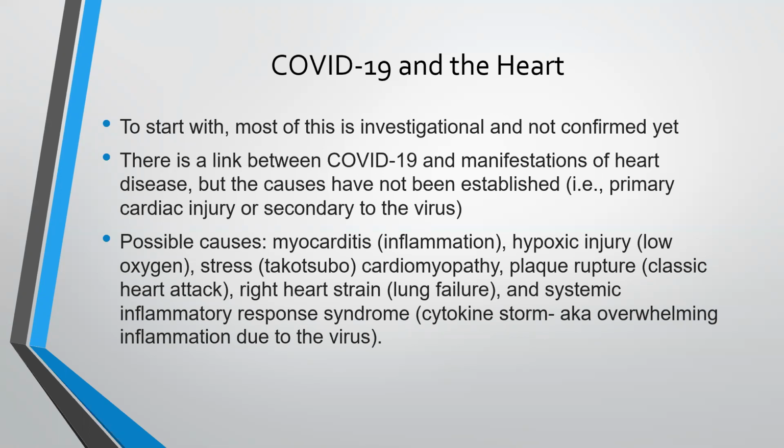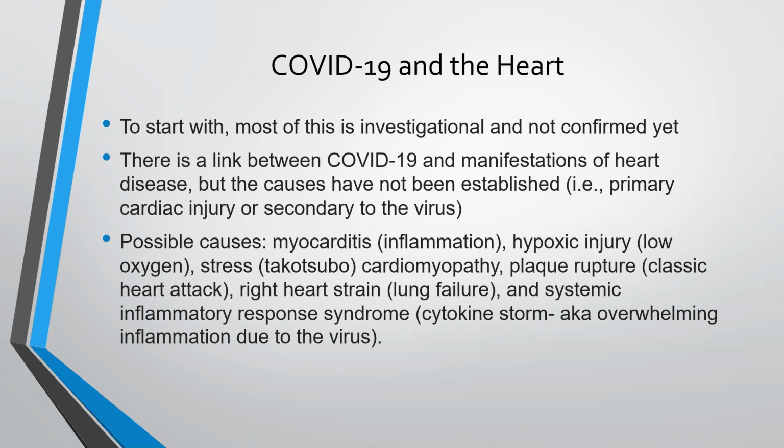There is something called Takotsubo cardiomyopathy, which is a stress-induced cardiomyopathy, which really just means the stress of being sick itself can cause the heart muscle to be weakened. There is some evidence that COVID can directly cause a heart attack by causing pre-existing plaque deposits in the heart arteries to rupture and clot off.